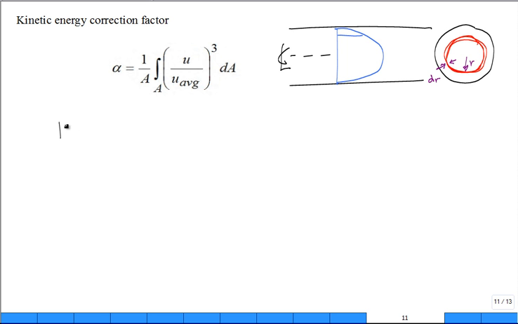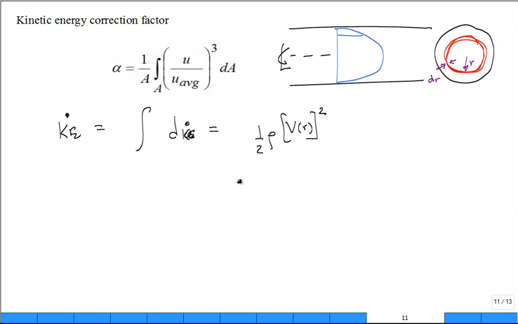So if we're interested in the kinetic energy flow rate down the pipe, it's going to be the sum of the little kinetic energies, the little dEKs. Think about it for each ring. Each ring has the same speed, so the ring has the speed at that radius. We square it, times 1/2 times the mass density.